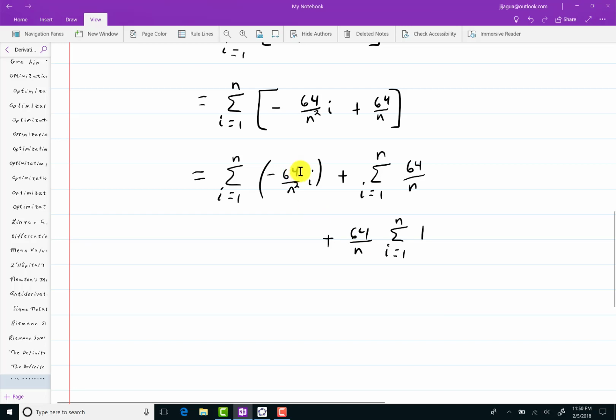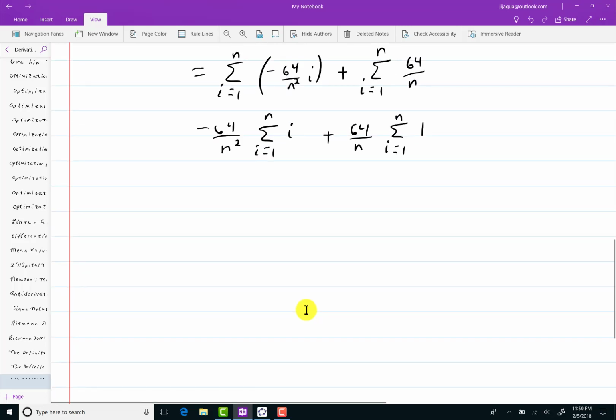Same thing here, I can pull out a negative 64 over n squared times the summation I equals 1 to n of just I. Now we can make use of some formulas that I had.